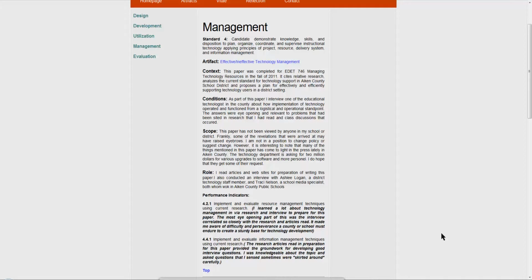In the management portion of the portfolio, the interview I conducted was very elucidating to all the research and resources I read regarding the planning of technology, implementation, and sustenance.